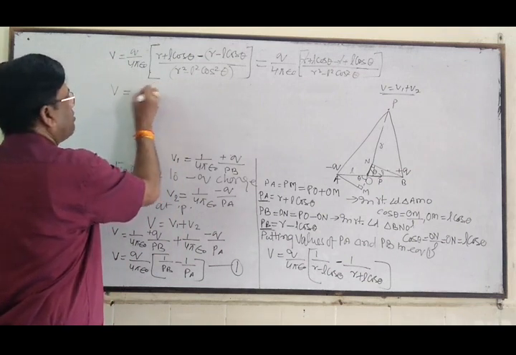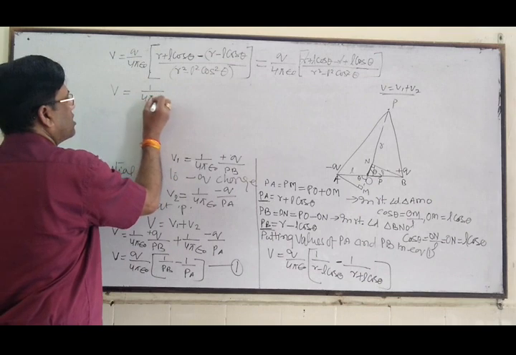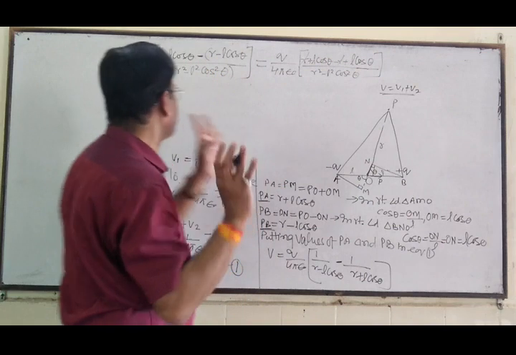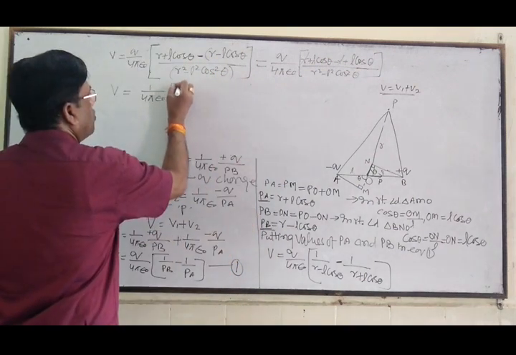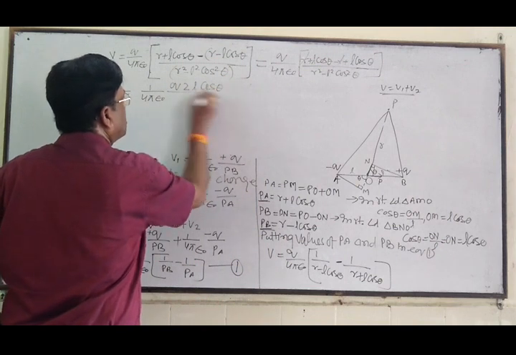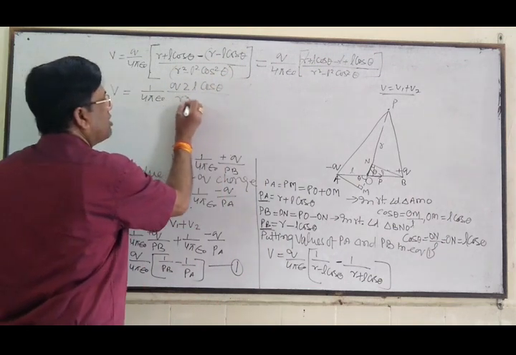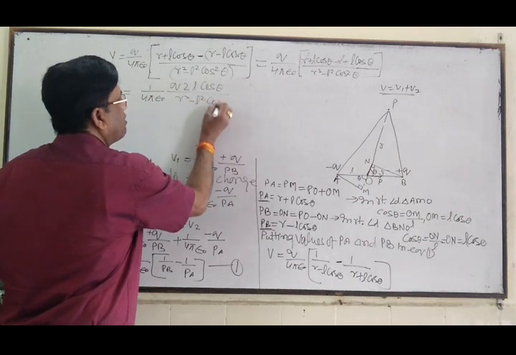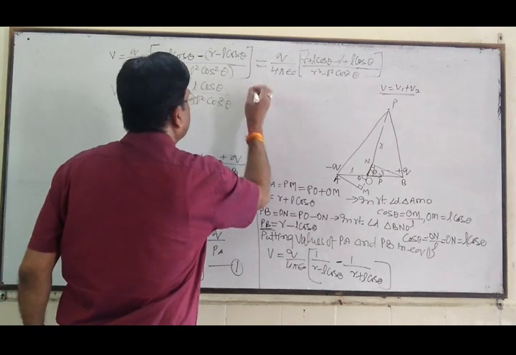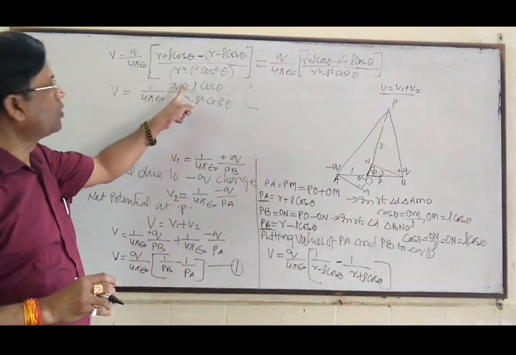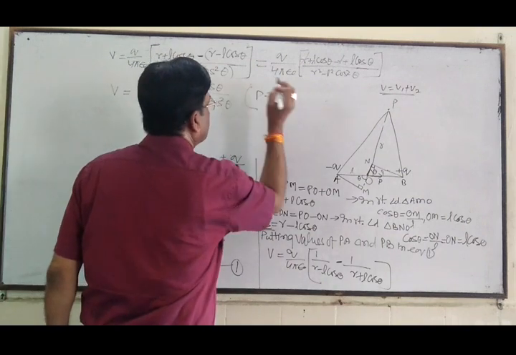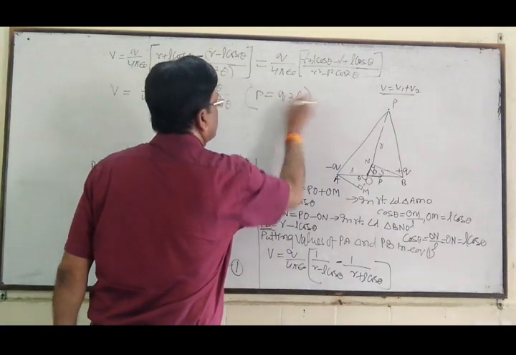What is left here? V is equal to 1 upon 4 pi epsilon naught, Q, L cos theta plus L cos theta, that is twice L cos theta. Then Q and twice L cos theta upon R square minus L square cos square theta. You know here that Q into 2L is P, the dipole moment.